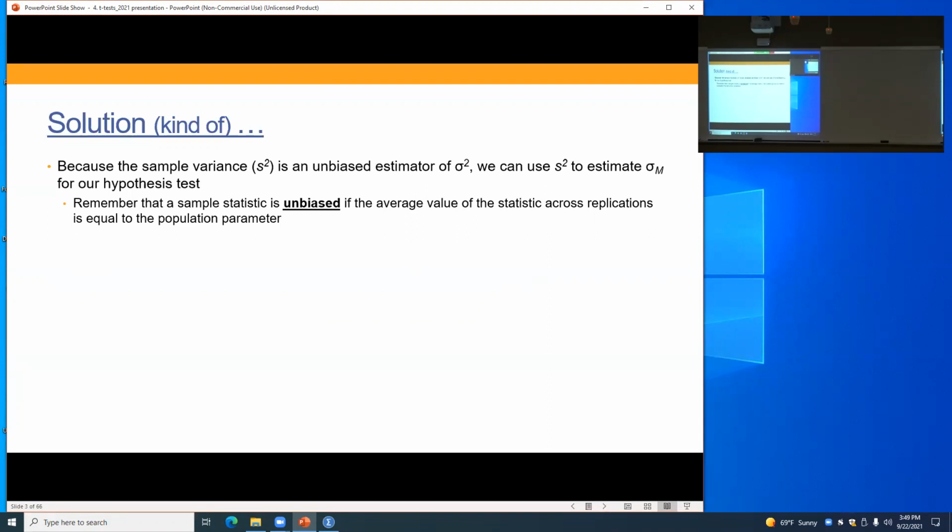I don't know the population standard deviation, but I've got this sample, and if calculated correctly, its variance is an unbiased estimate of the population value. So I'm just going to plug my sample variance in for my population variance in my test statistic.